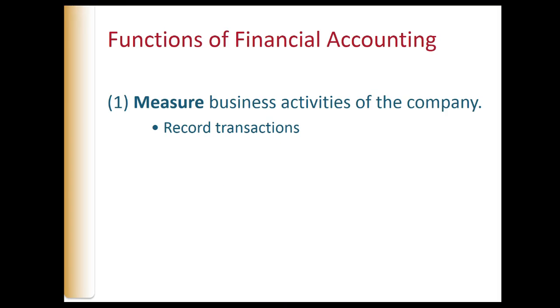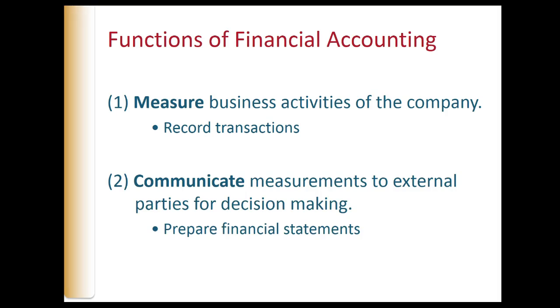Now, as far as functions of financial accounting, remember from the previous chapter we talked about that the two functions of financial accounting include measuring business activities of the company and communicating these measurements to external parties so that they can make decisions.